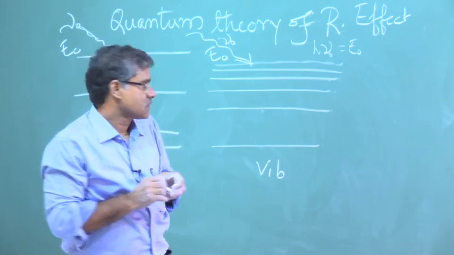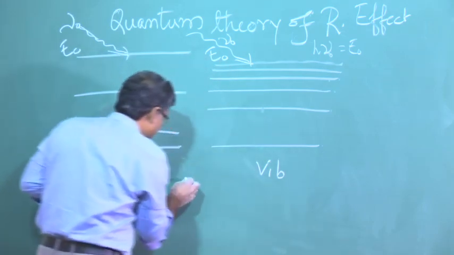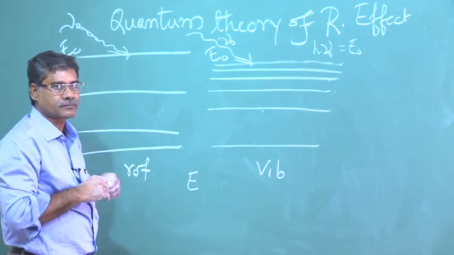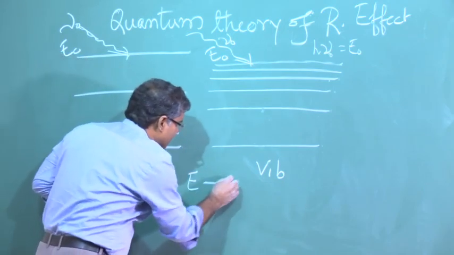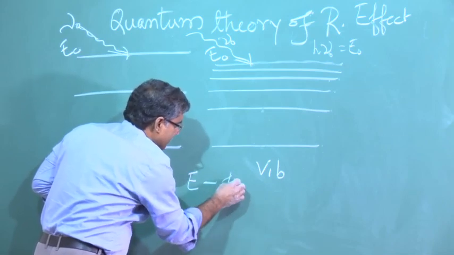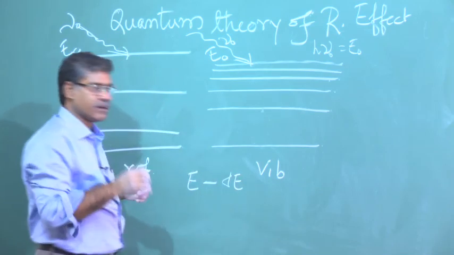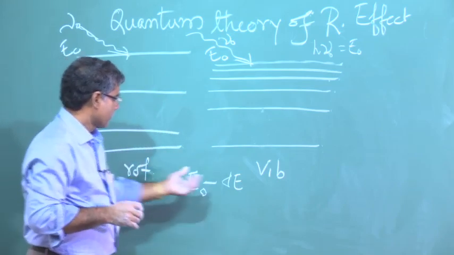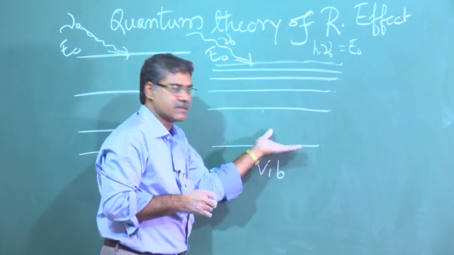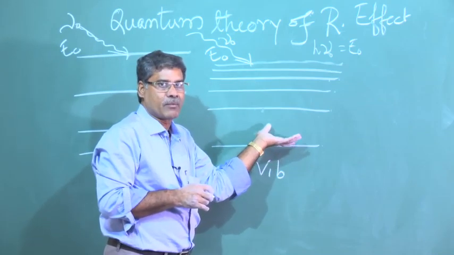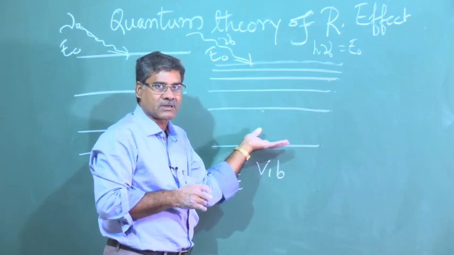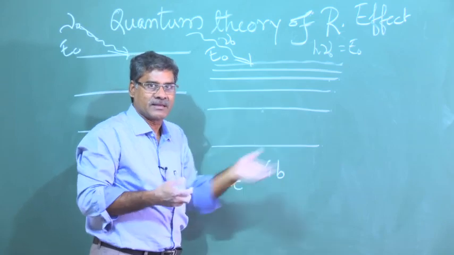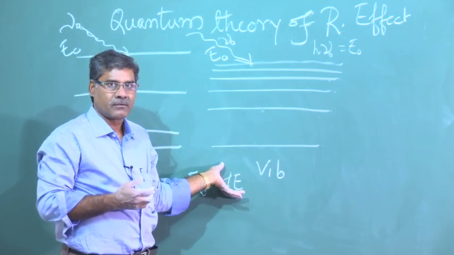So, whatever the energy E 0, part of that is absorbed, del E. Part of it is absorbed, and it takes the molecules from a lower state to a higher state, so for that some energy was absorbed.